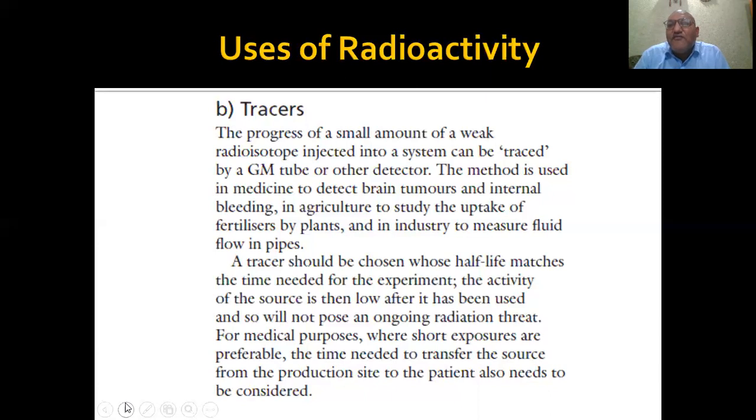That would be very harmful for the patient. So it's very important, and when you do questions on this topic, you will understand this more and more. I hope that you have understood this thing.